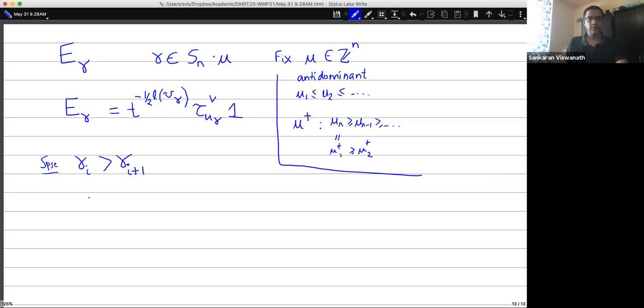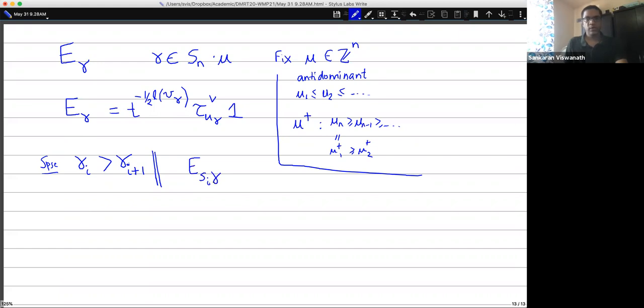And so now the question is, what is it that I want to do? Given this, I want to understand, if I knew E gamma, then how do I figure out E s_i gamma from here? I want to relate them.